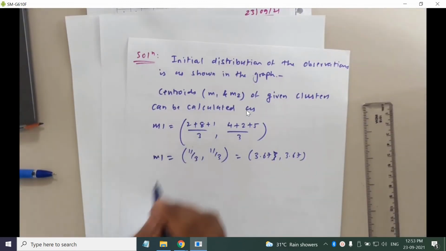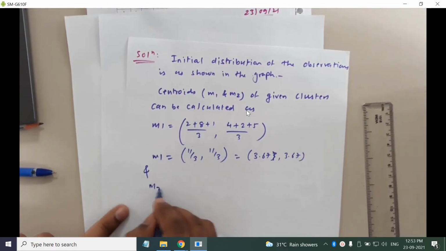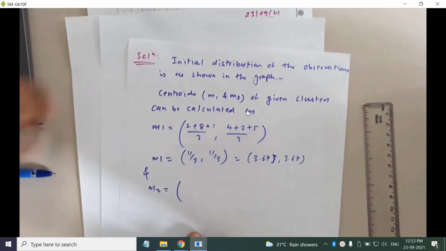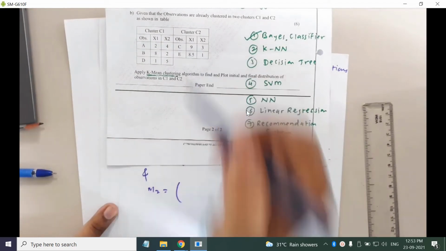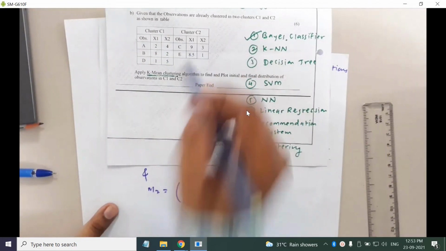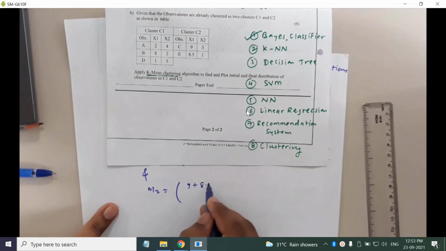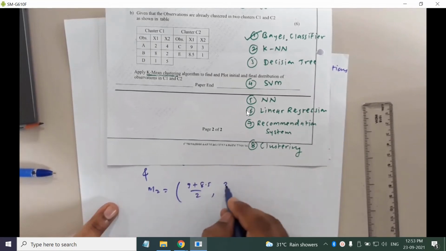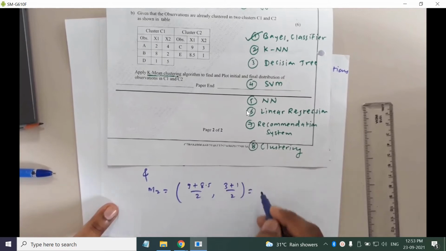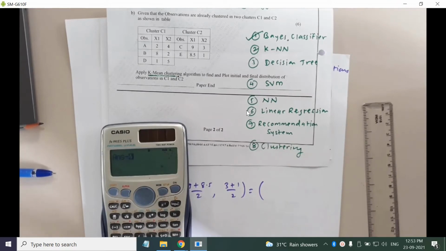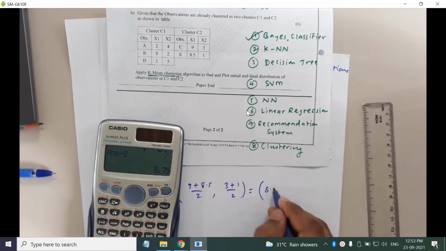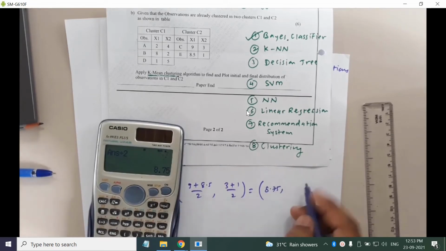So this is my M1, and M2 would be the average of, its x coordinate will be the average of these points. 9 plus 8.5 divided by 2, 3 plus 1 divided by 2, which is 8.75 and 2.